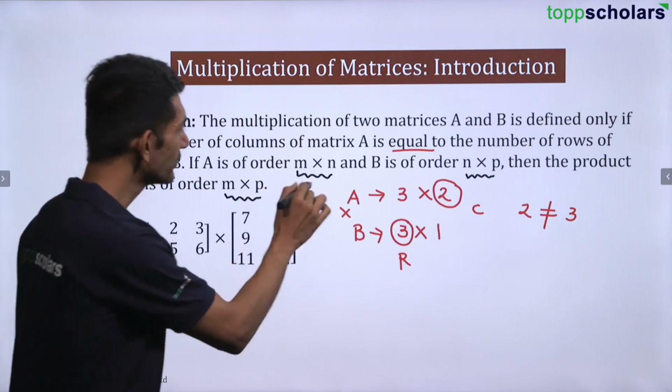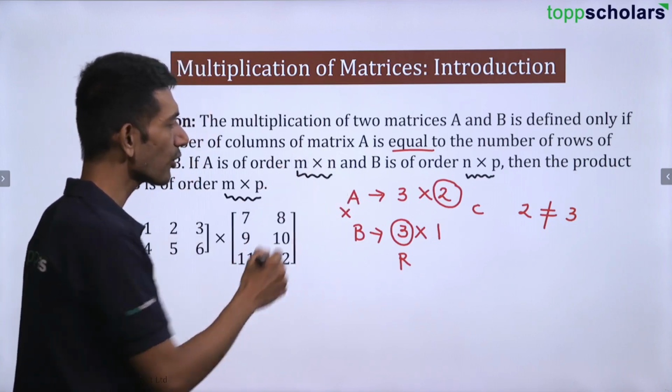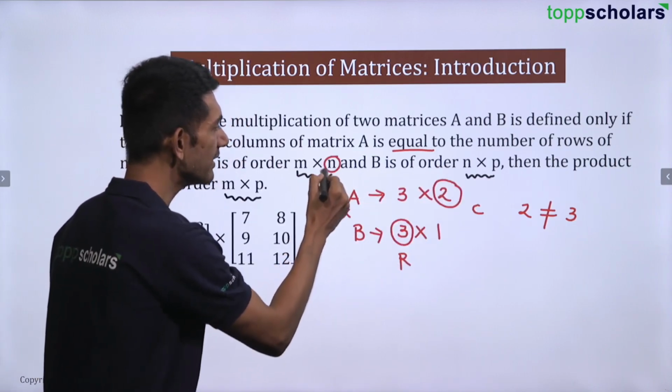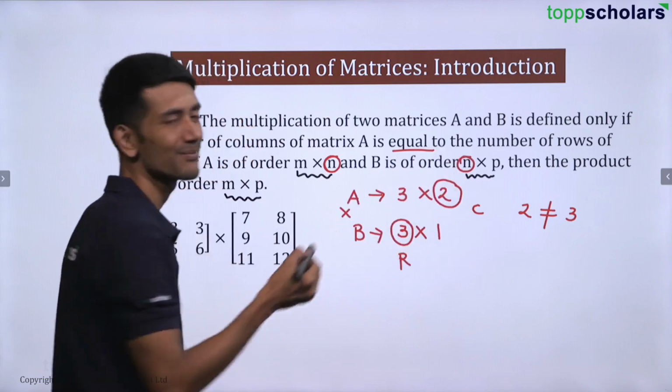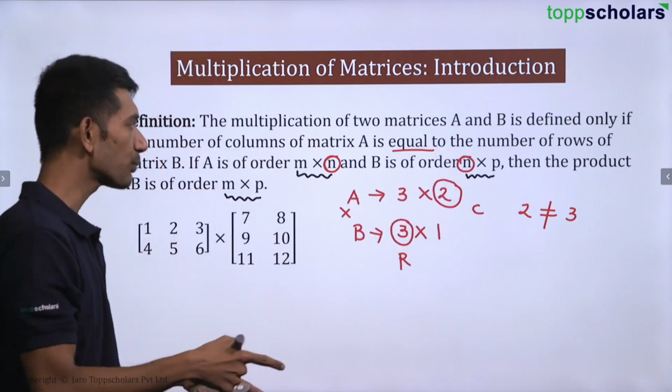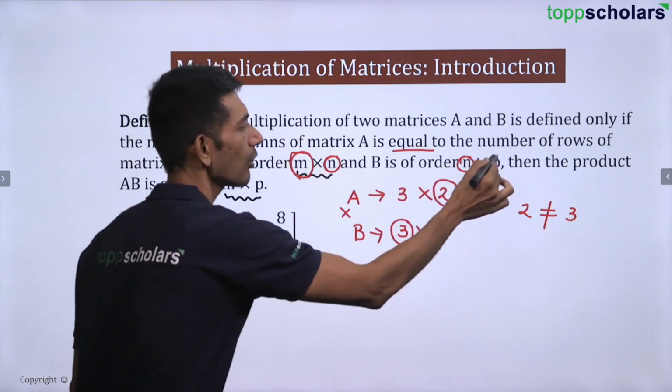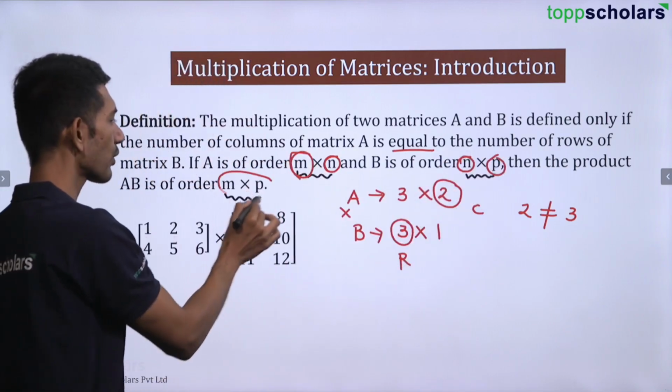So, observe here. If the matrix has the order m cross n and the other matrix has the order n cross p, so if this is n, this has to be n. And what is the final output? The final result is m cross p, that is, the product is m cross p.